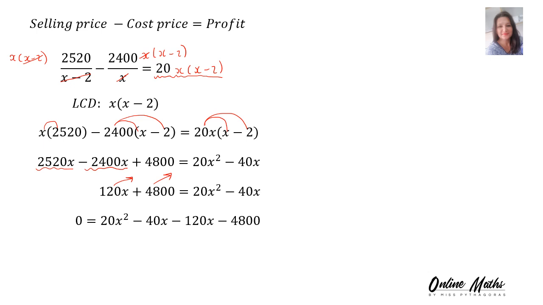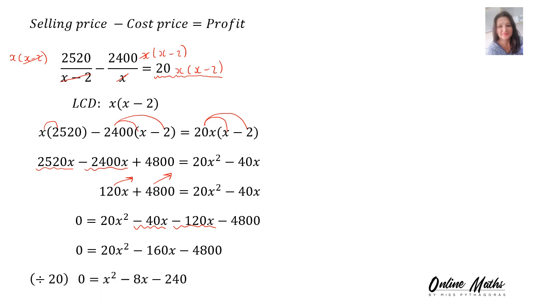And then in this step, I'm going to add my like terms. Negative 40x, negative 120x, and I end with 0 equals 20x squared minus 160x minus 4,800. And then I can also divide right through by 20. And I end with 0 equals x squared minus 8x minus 240.